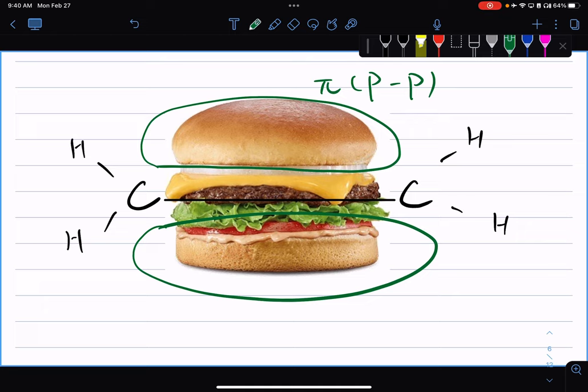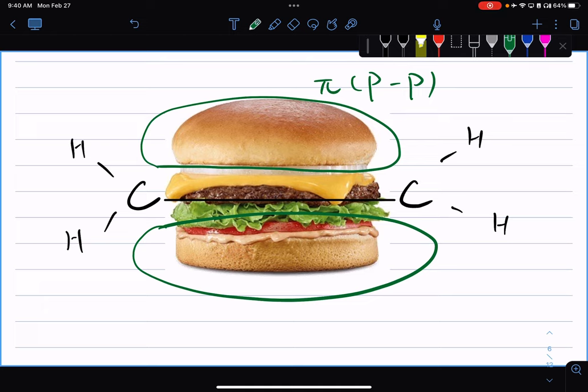Question: for the pi bond, would that be non-bonding? No, that's a different concept. We only use non-bonding for MO theory. They're two different concepts. The p atomic orbitals here are singly occupied, and they are making a chemical bond, a pi bond.